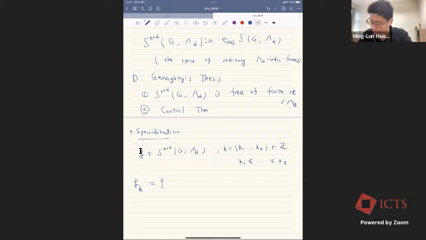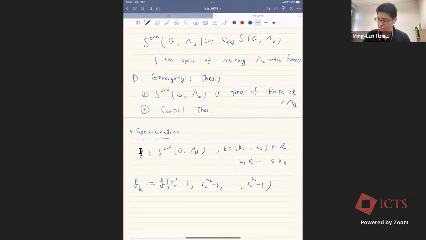It's defined by F evaluated at gamma_0^{K1} minus 1, gamma_0^{K2} minus 1, and so on, up to K_D minus 1.